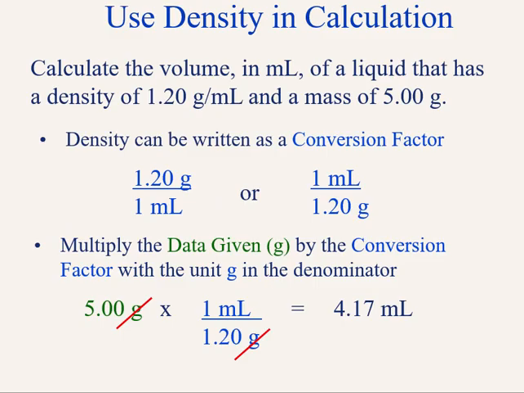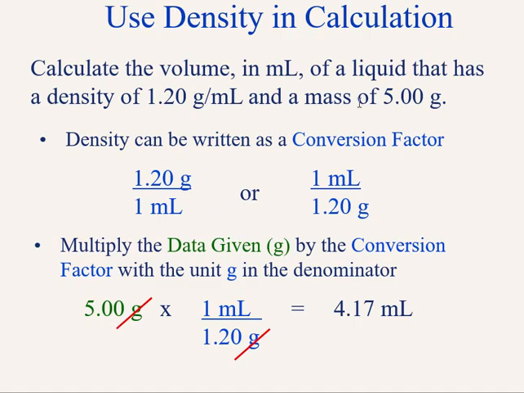Now here in this problem, we are told something else. We are told the density and the mass, and we are being asked for the volume of a liquid. What do we do? How do we solve this problem? Well, we can write density as a conversion factor as well. 1.20 grams per milliliter, and that's our conversion factor, and we can flip it and make it 1 milliliter over 1.20 grams. We will use one of these two conversion factors, multiplying it with the data given.